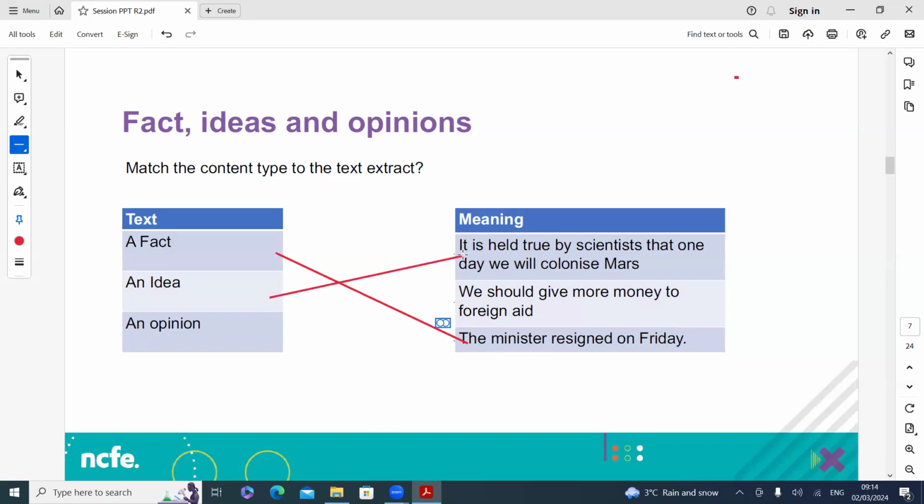Is an idea. Excellent. Good. Opinion is we should give more money to foreign aid. Thank you. Well done. Has anyone got any questions about that? Okay, so you can see there the difference between fact, idea, and opinion.